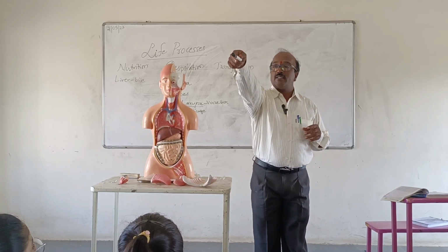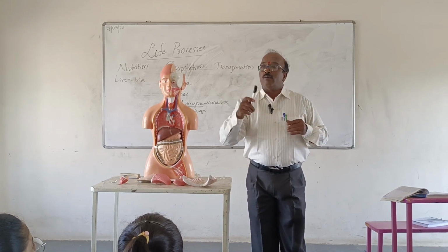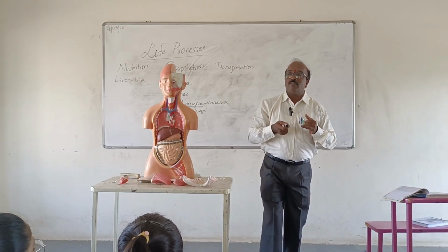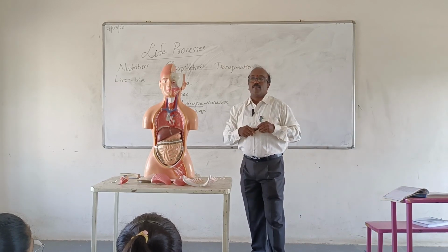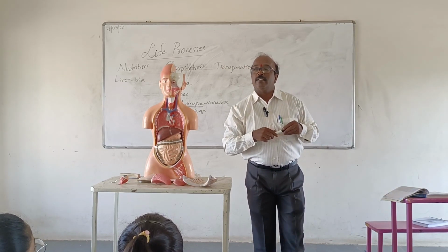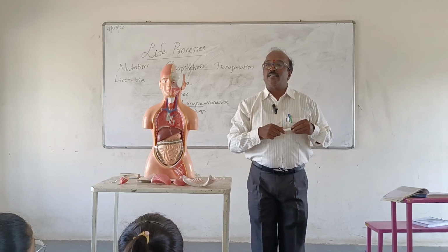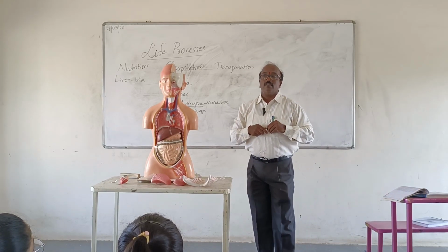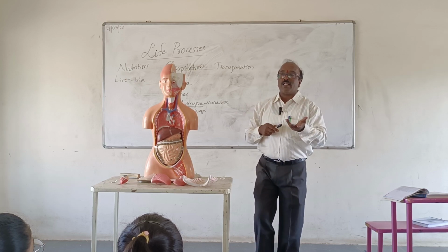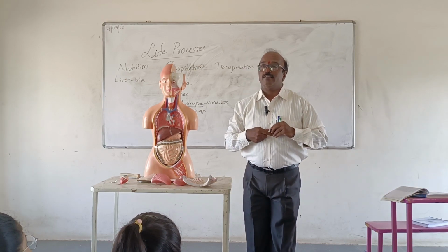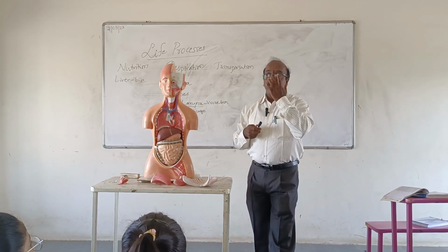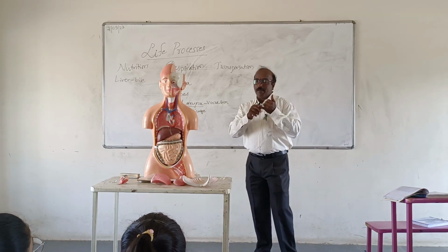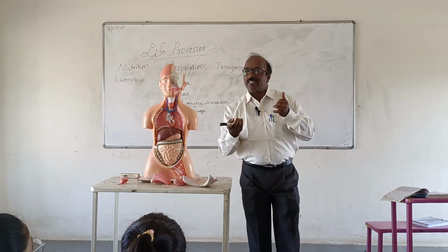Yes, Purvi. One is emulsification of fat. The other one is that it provides an alkaline medium for the action of which enzyme? Trypsin. Trypsin needs an alkaline medium, whereas pepsin needs an acidic medium for its action.